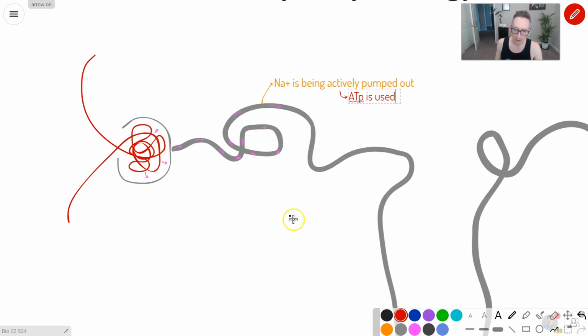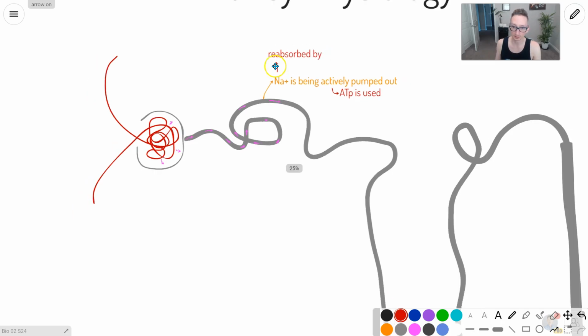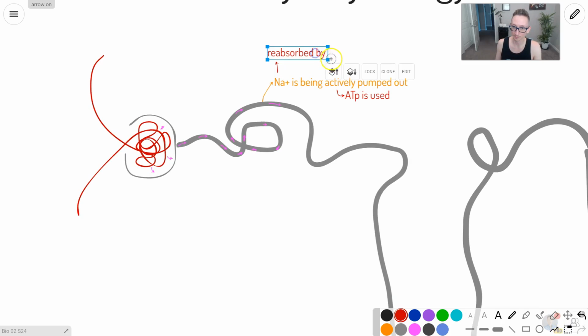And then it will be reabsorbed by, remember, these blood vessels, by the bloodstream.